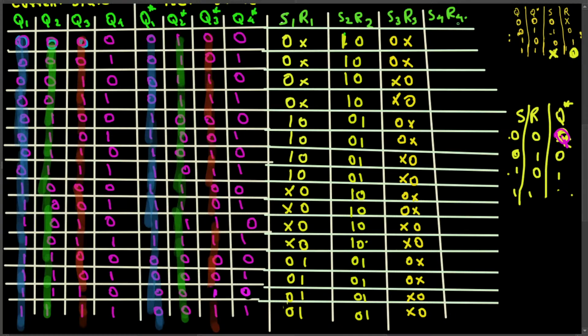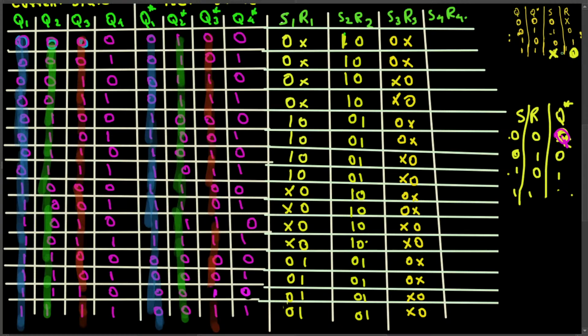Let's look at S4 and R4. Okay, let's leave this one empty and we are just looking at Q4 and Q4 star. 0 0 1 0 0 0 1 0. Actually 0 0 1 1 0 0 1 1 0 0 1 1. It's actually repeating next to each other and it's always 0 0 1 1 0 0 1 1.